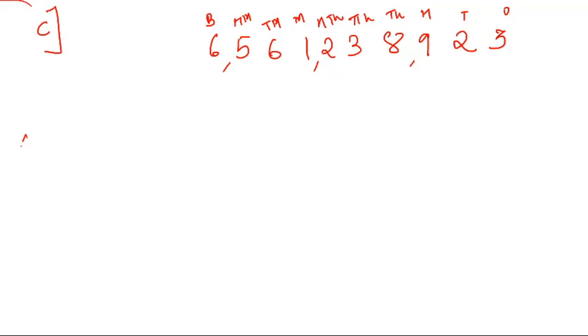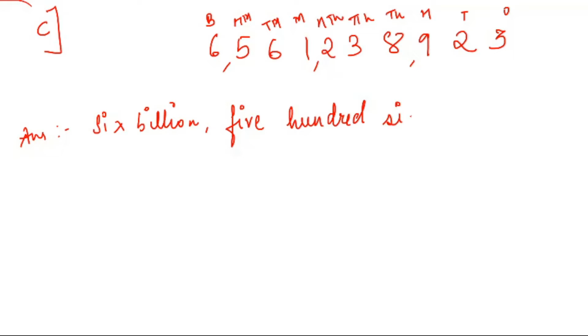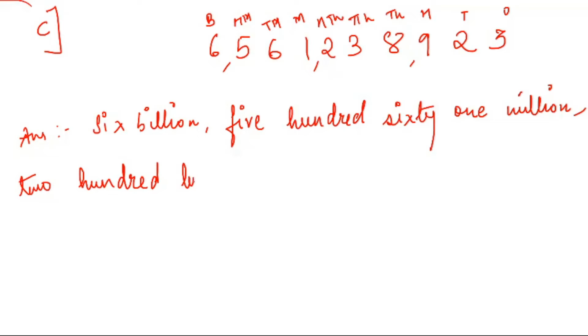So it will be read as 6 billion, 561,000,000, again comma, 223,000, 38,000.